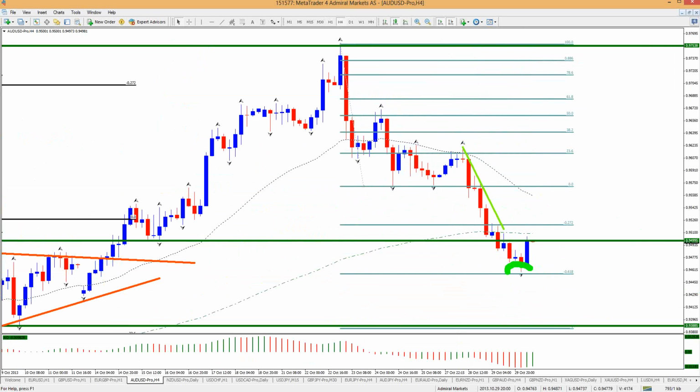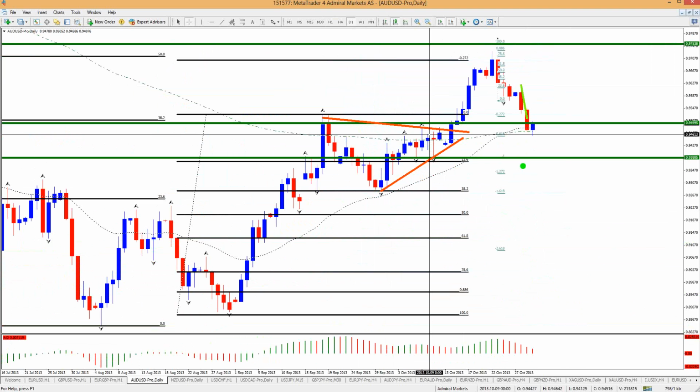And it bounced off the minus 618 target, as you can see. Anyhow, why that level? It has to do with the fact that we are back towards these support levels, right? That's still a potential bouncing area. So we might see that happen on the odd.